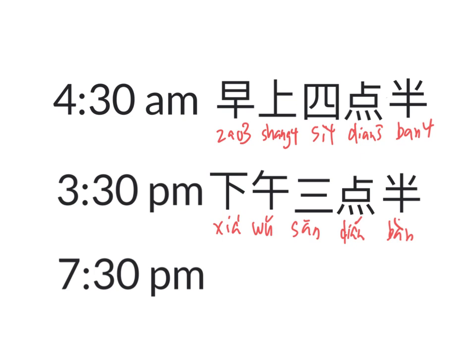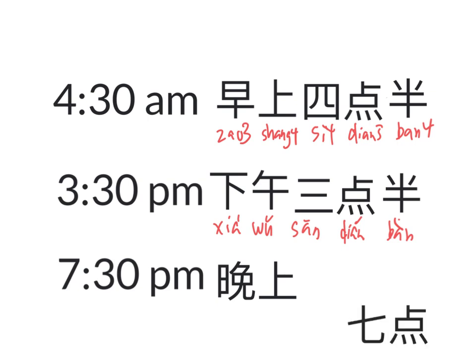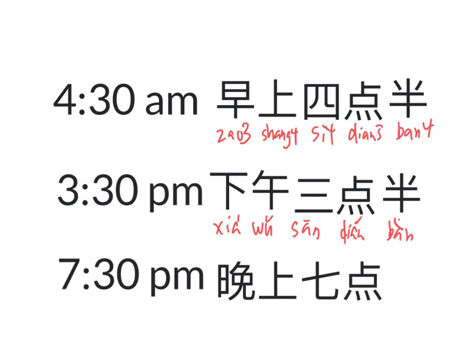Now, the last number, we have 7:30 p.m. In this case, the p.m. here would be evening, because 7:30 constitutes the evening time of the day. So, how would we get the answer? Of course, p.m. evening. What is evening again in Chinese? We have the characters 晚上. After that, since it's already 7, we have 7点 for 7 o'clock.